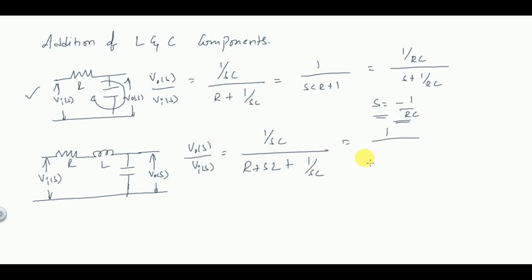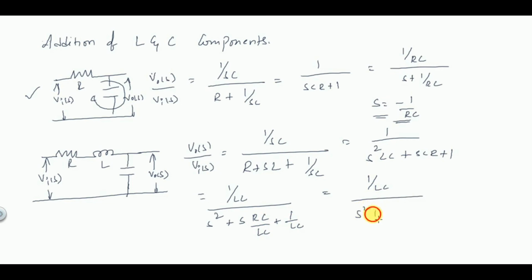It will become 1/(s²LC + sCR + 1). Taking LC as common, this equals (1/LC) divided by (s² + s·RC/LC + 1/LC), so it is (1/LC) divided by (s² + (R/L)s + 1/LC).